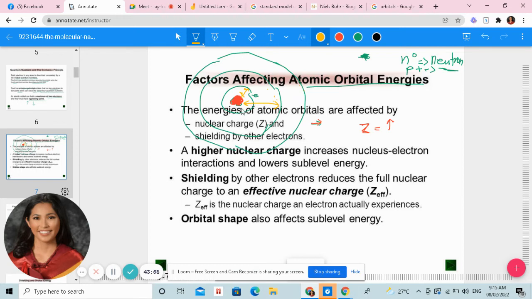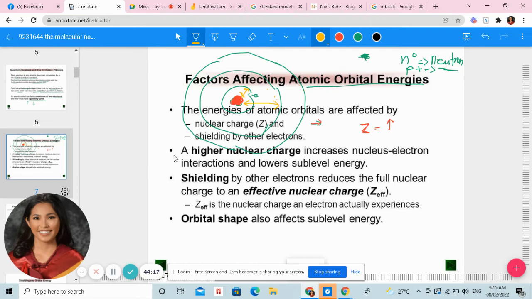They will become lower, because the attraction between the electrons and the nucleus is stronger. That is why the sublevel energies decrease.